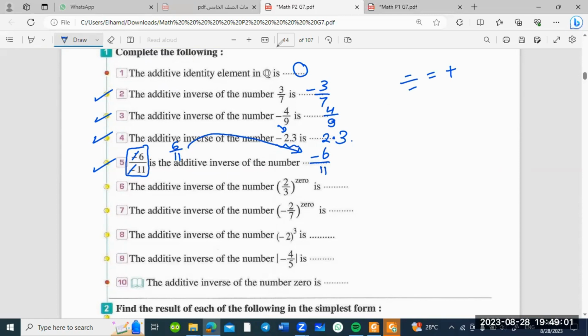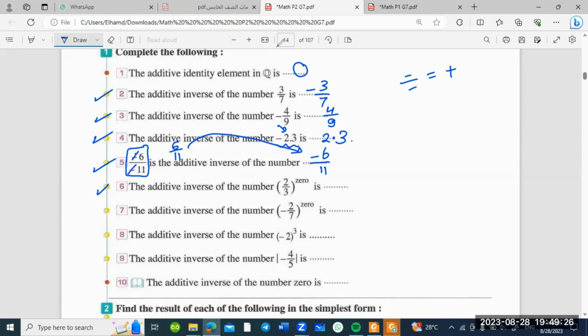Question number 6, Rowan. The additive inverse of the number 2/3 power 0. But Miss, the zero was cancelling the negative, with the 2 and 4 and even numbers, right? Listen, Rowan. Any rational number raised to power of 0 is equal to 1.